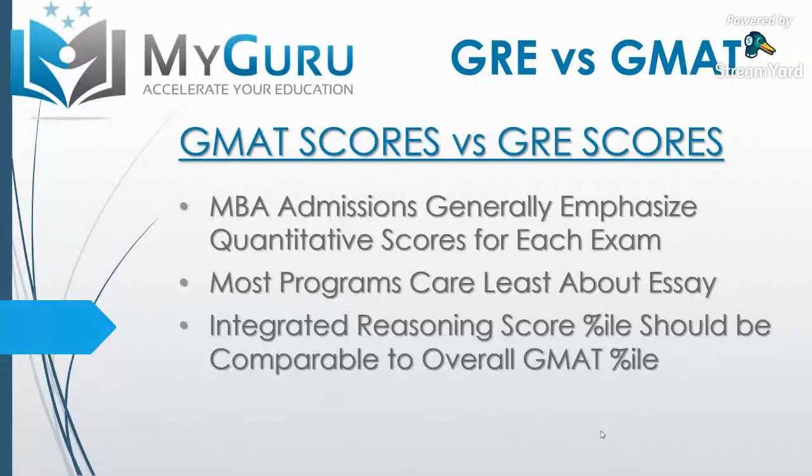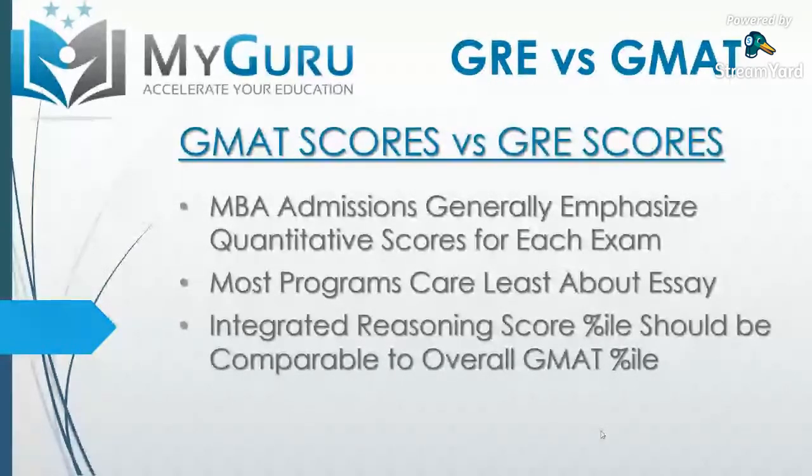Most institutions care least about the essay, and they care little about the integrated reasoning score. However, there have been instances where I've worked with students in the past couple of years where they have had to retake the GMAT for the integrated reasoning score only. In particular, this has happened with European business schools.